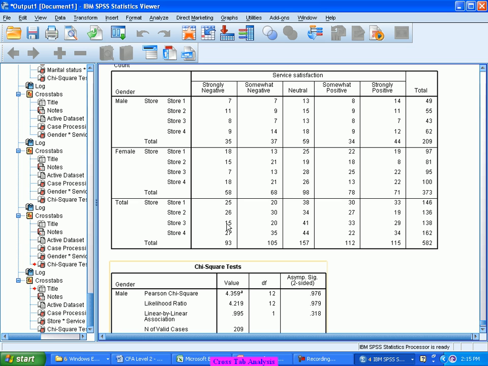Overall I am looking at store wise satisfaction levels of all the people. Store 1, what is the satisfaction level? Store 2, what is the satisfaction level? Is it uniform across all the stores? The first thing I am trying to do is see whether the satisfaction level is uniform across all the 4 stores.